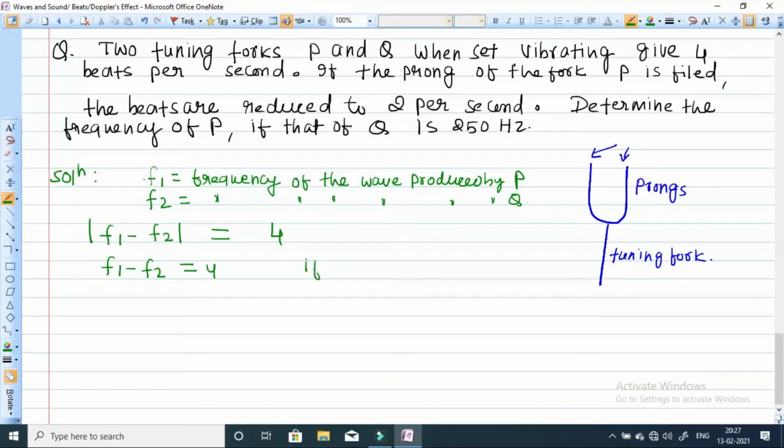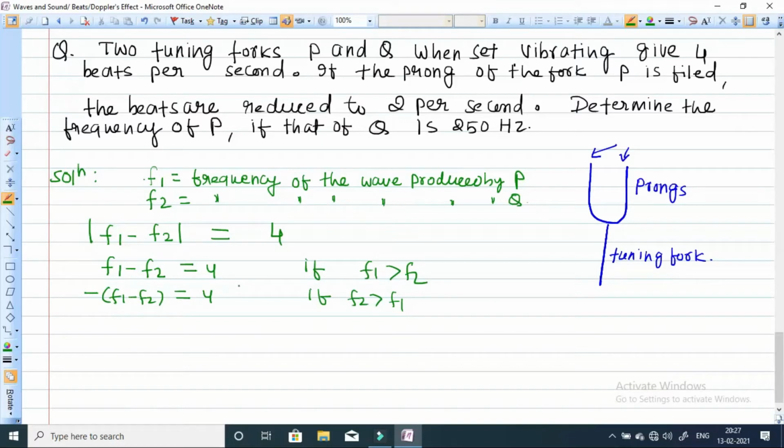If F1 is greater than F2, then F1 minus F2 equals 4. Otherwise, if F2 is greater than F1, it becomes F2 minus F1 equals 4.